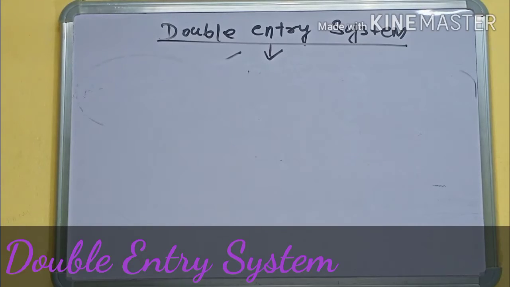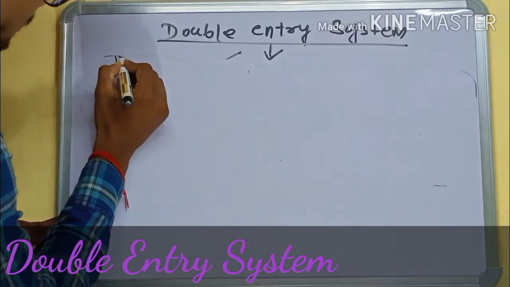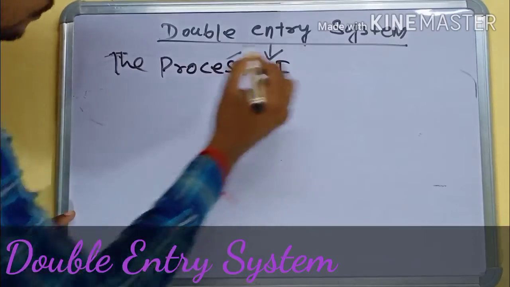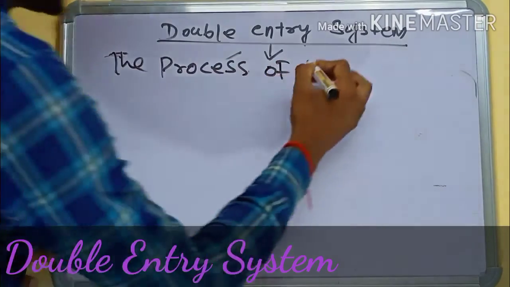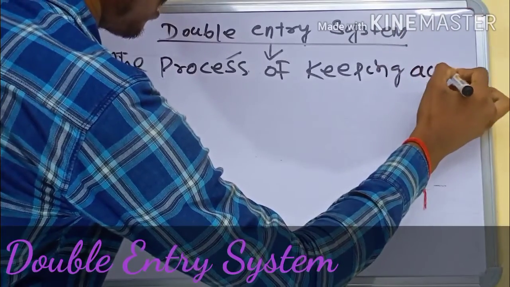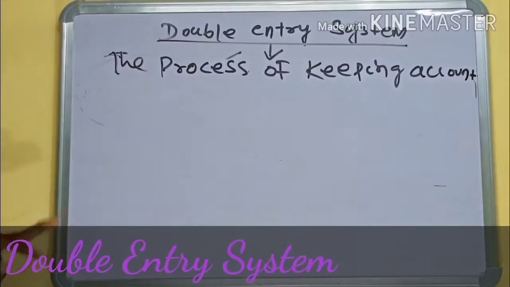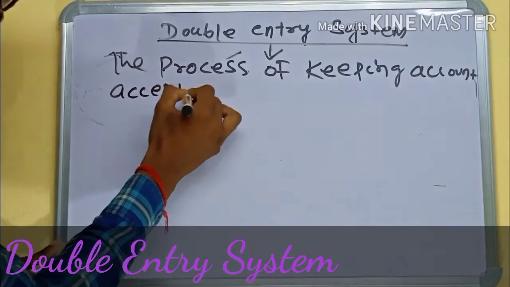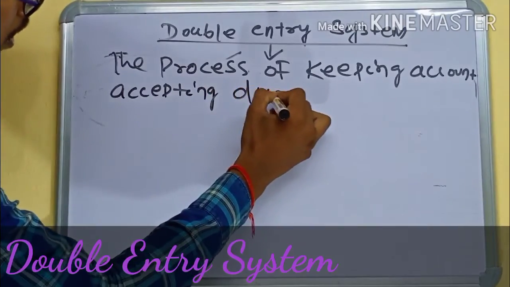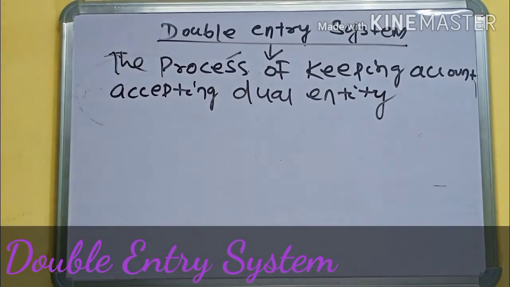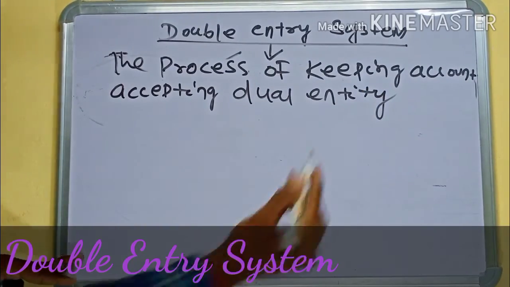Then the process of keeping accounts accepting dual entity is called the double entry system.